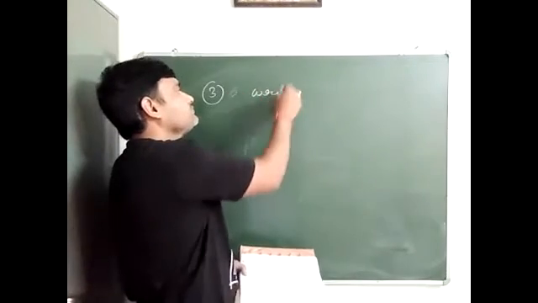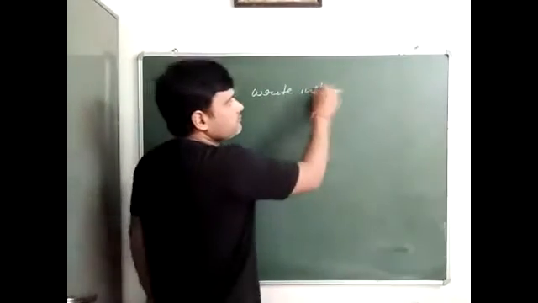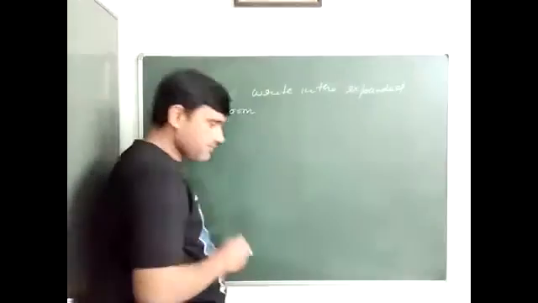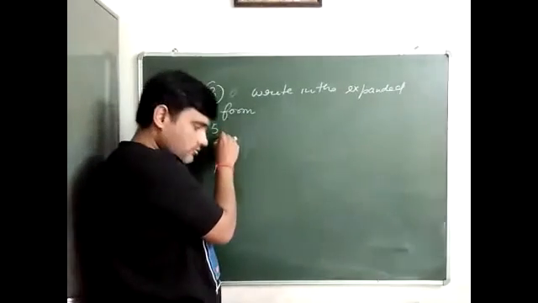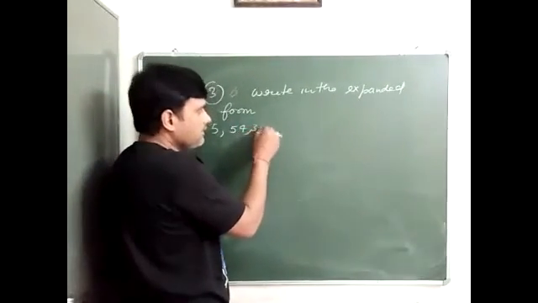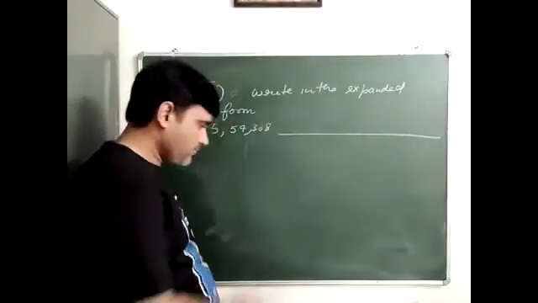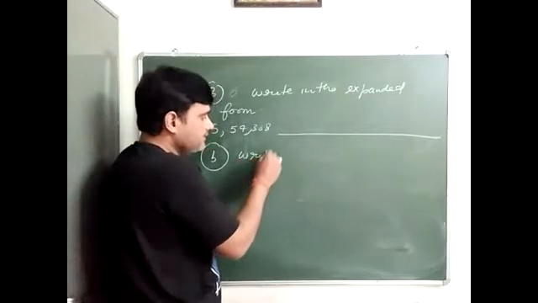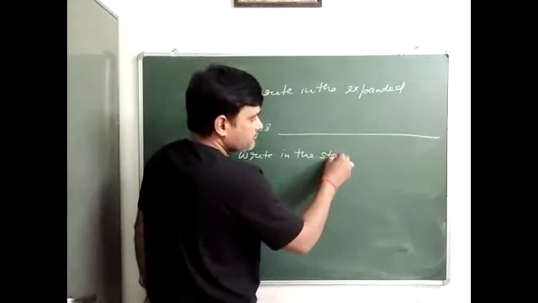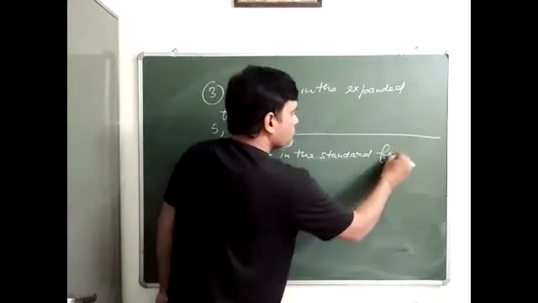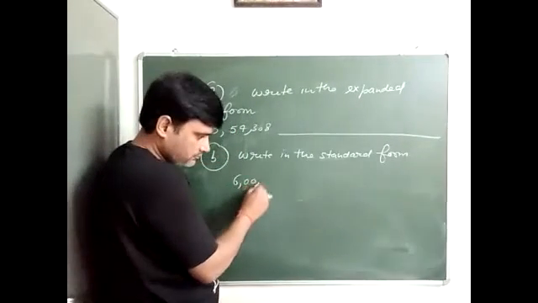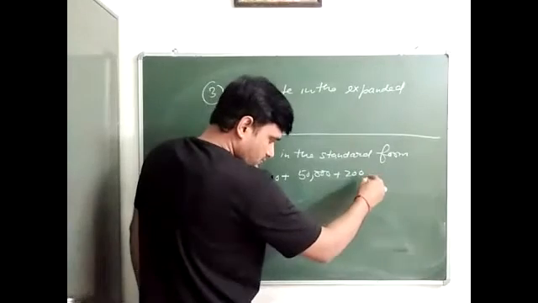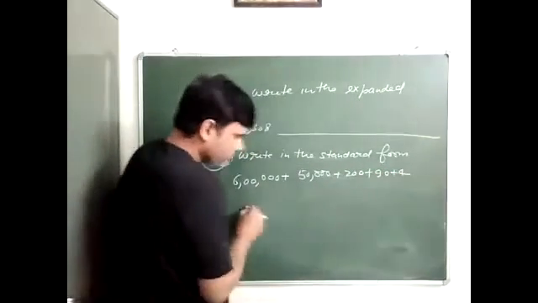A: 554,308, and B: write in the standard form. 50,290 plus 4. Okay.